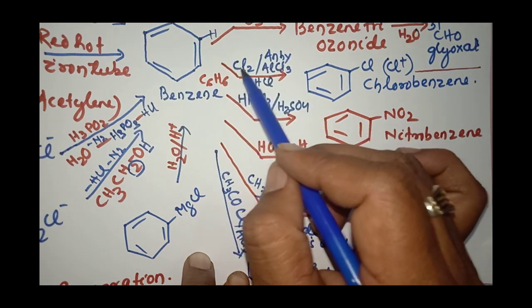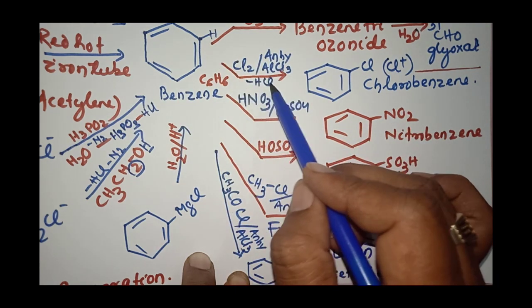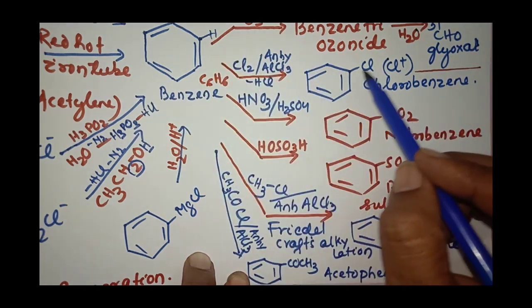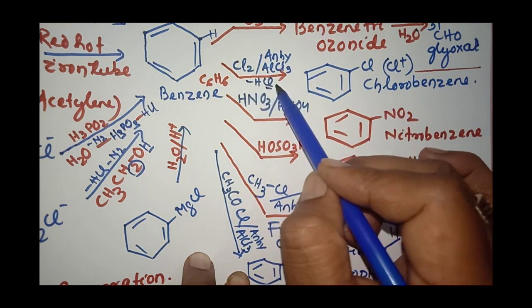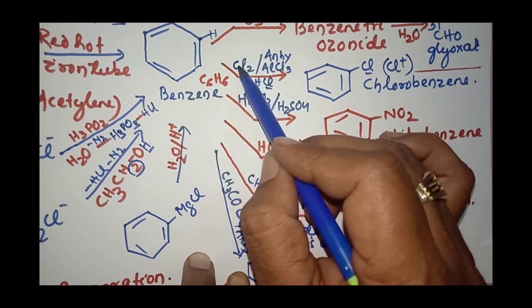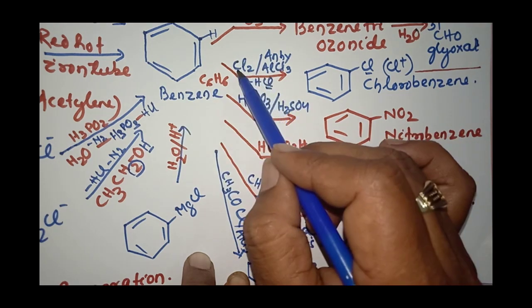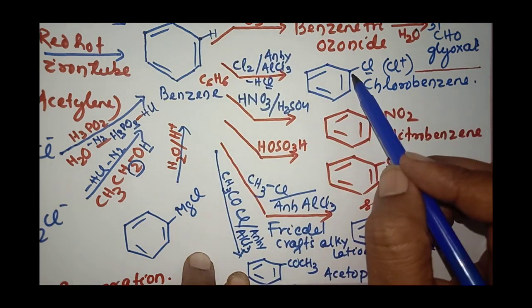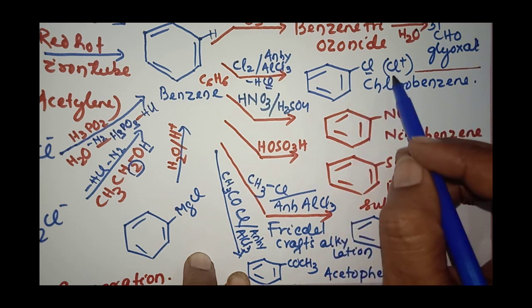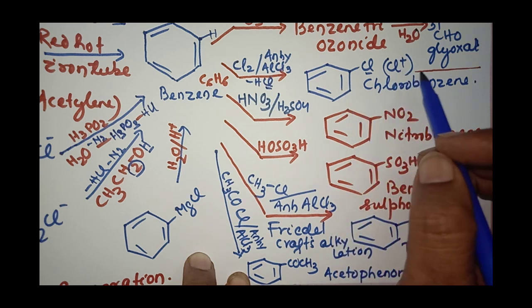This H will take one chlorine, becomes HCl, and one chlorine will be connected to this carbon. You see, one chlorine is over here, another chlorine is over here. So there are two chlorine atoms. One chlorine is converted to HCl and other chlorine is connected to benzene ring. Chlorobenzene is produced. The electrophile for this reaction is Cl plus, that is chloronium ion.